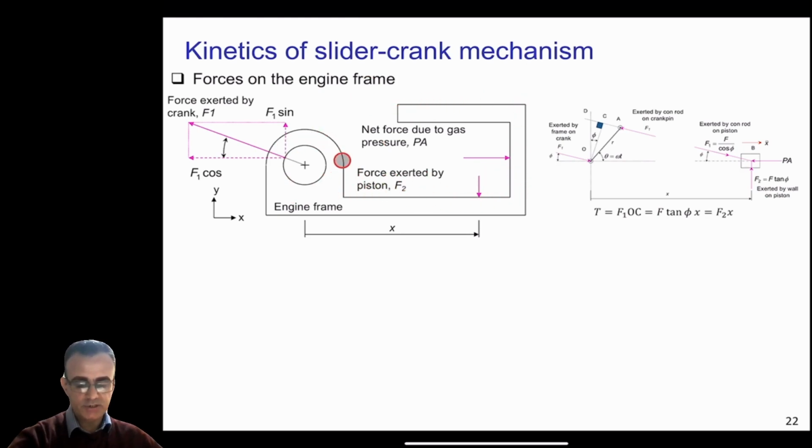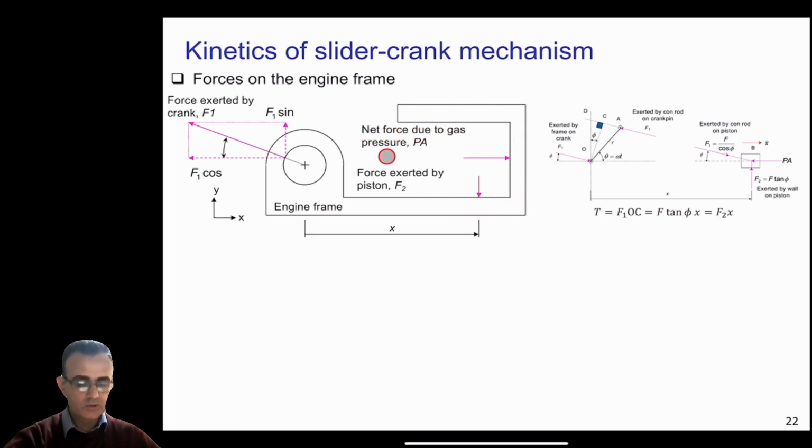You consider this ideal geometry. So this is the cylinder, and then this is the crankshaft center here, where the crankshaft is attached, or a bearing of the crankshaft. So as you can see here, you can just consider that the force on the piston was PA. So a similar force is also applied on the cylinder here.